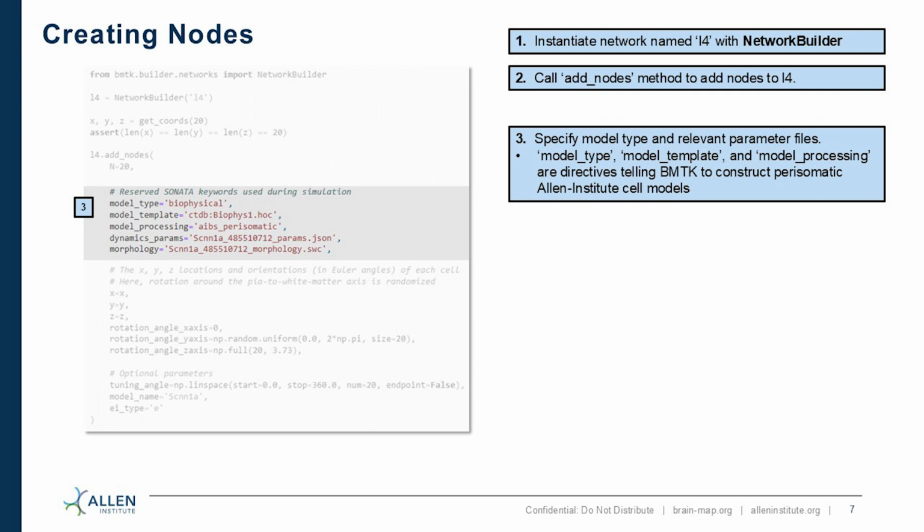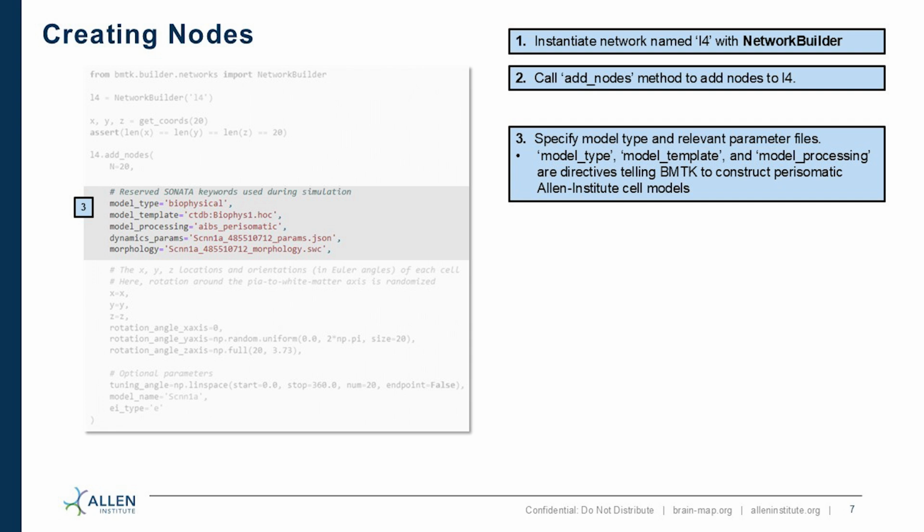The properties can either be set at the cell types level or the node types level, or the node or cell level. So if you give a single string or tuple or a single value, that value is going to be applied to all 20 cells identically in the nodes that you're creating.